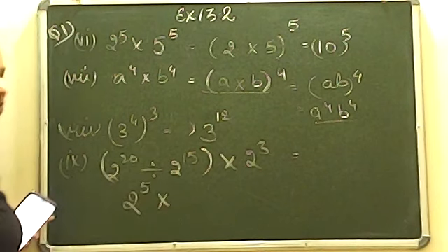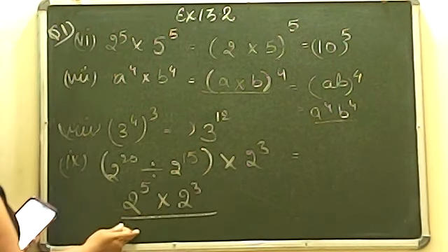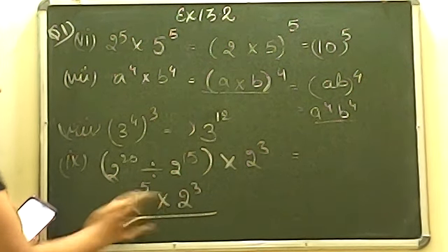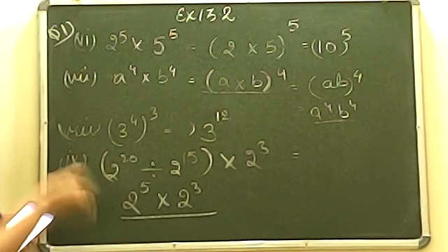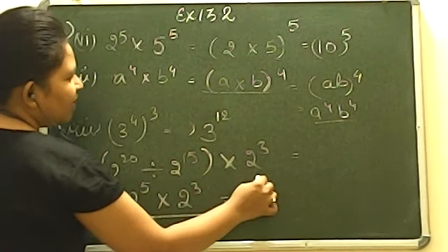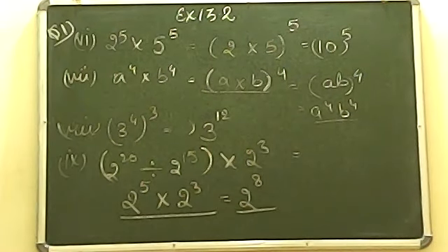In between the sign of multiply and 2 to the power 3. This is the next step. Now you can see we have the same base, different power, in between the sign of multiply, which means power should be added. So 5 and 3 आप जब add करोगे तो आपको मिलेगा 2 to the power 8, which will be the answer of this particular question. Fine. Now the last.